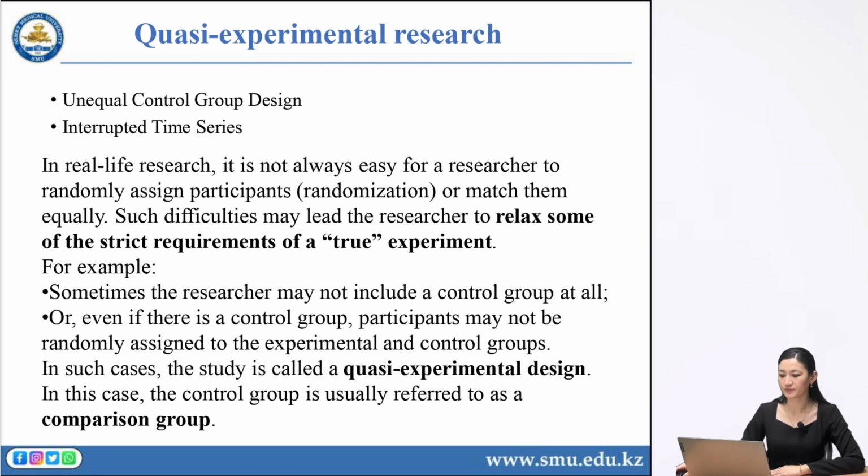For example, sometimes the researcher may not include a control group at all, or even if there is a control group, participants may not be randomly assigned to the experimental and control groups. In such cases, the study is called a quasi-experimental design. In this case, the control group is usually referred to as a comparison group.